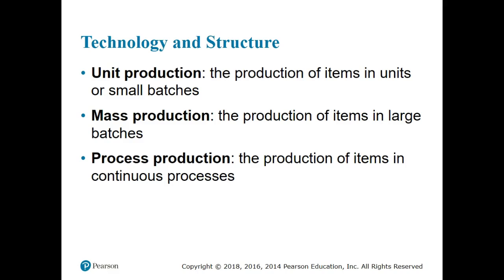The first category was unit production, and it described the production of items in units or small batches. The second category was mass production, and that described the large batch manufacturing. And finally, the third and most technically complex group was process production, and it included continuous process production.